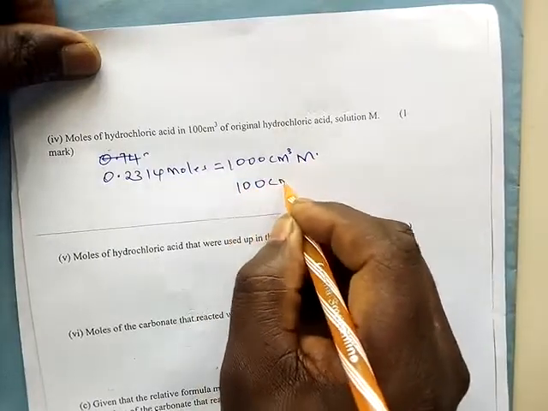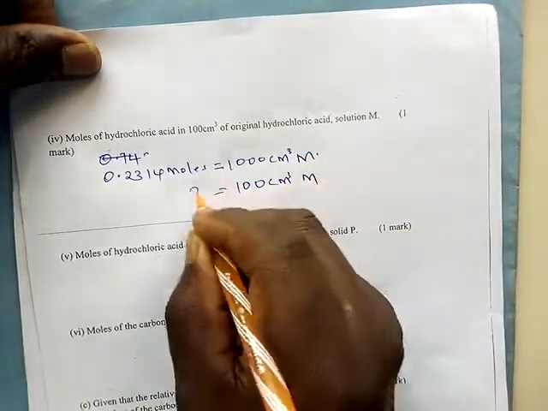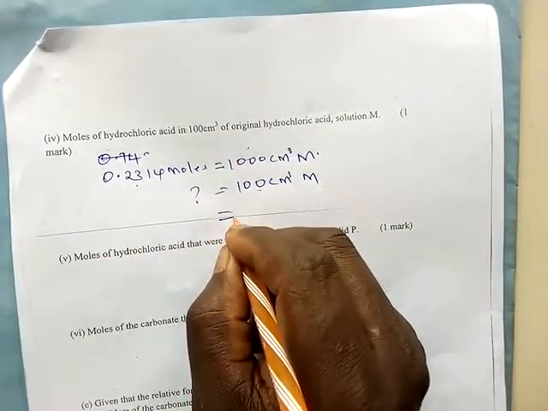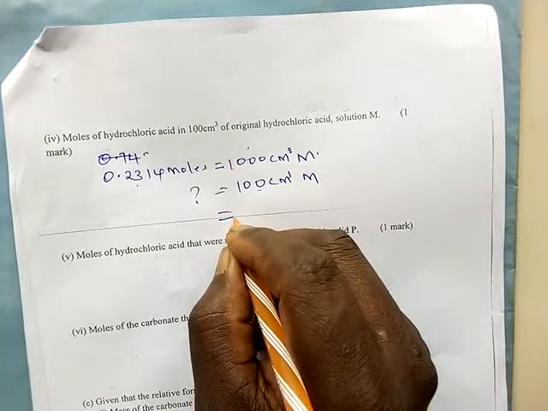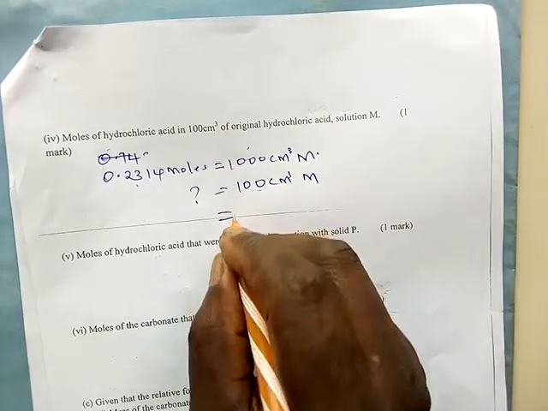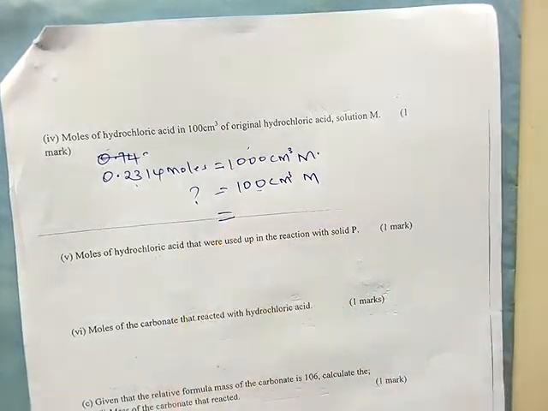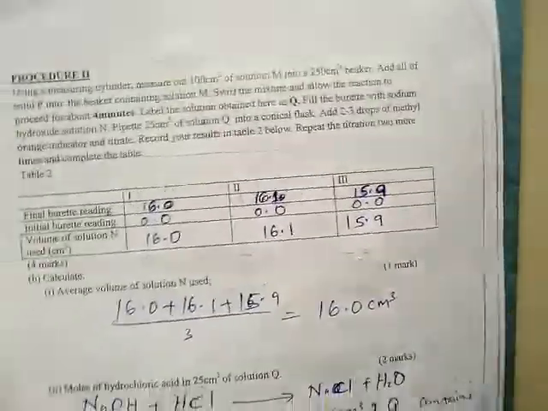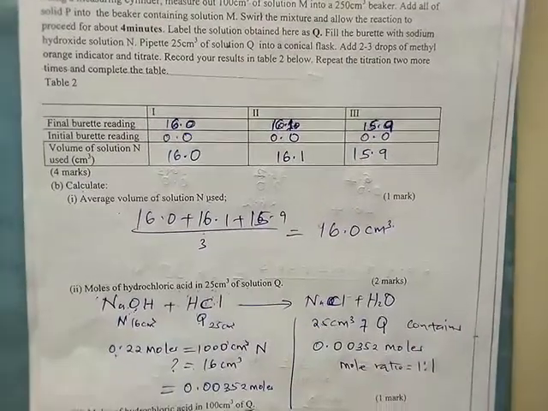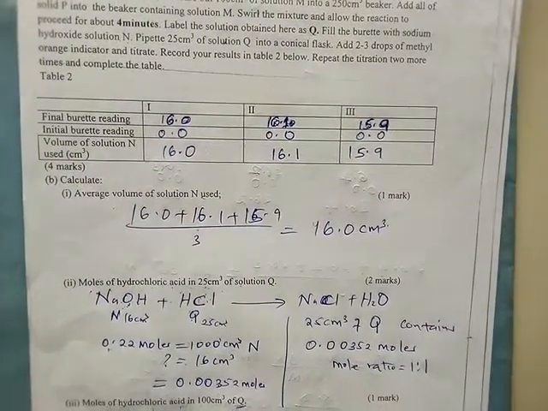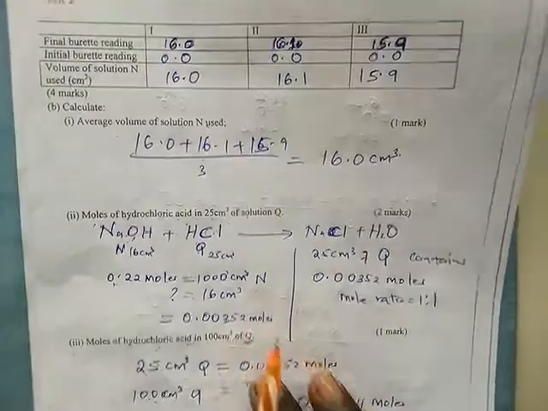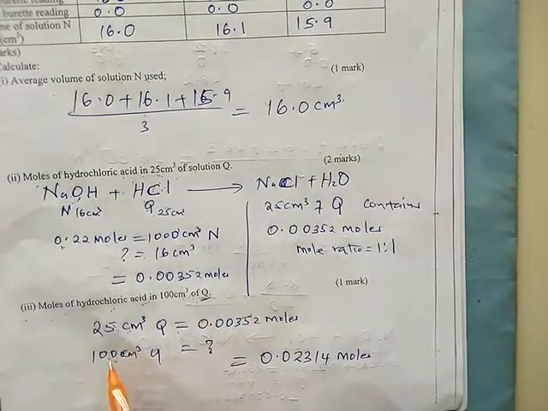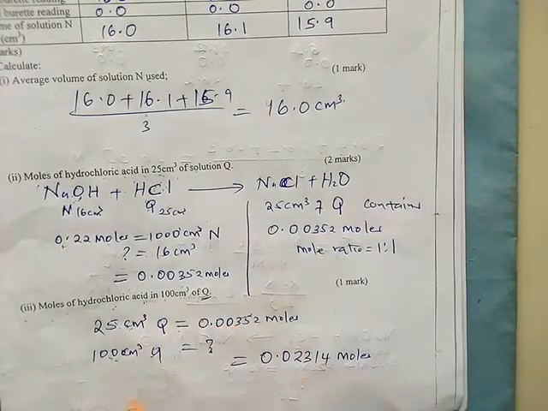100 centimeters cube solution M will be how many? This times this divided by this, which will give you what? I think we have made a mistake there. Here, this times this times this. We have made some error here. Roman 3: 100, this times this divided by this.